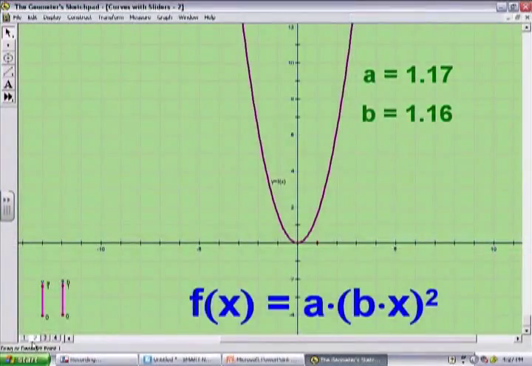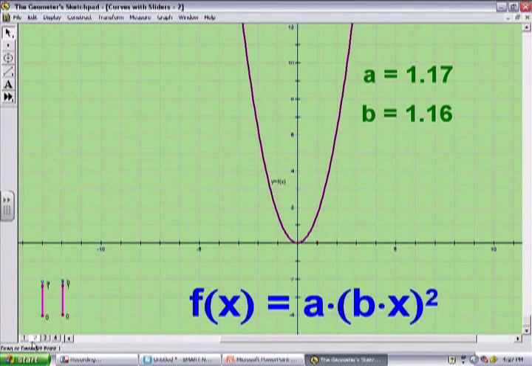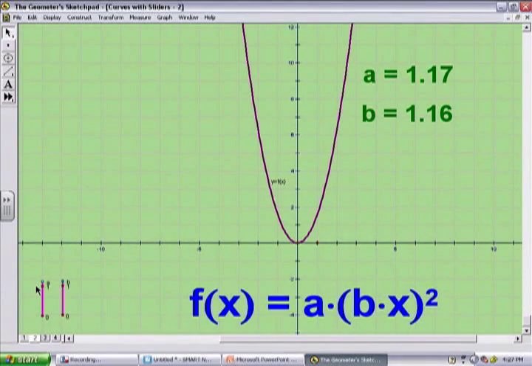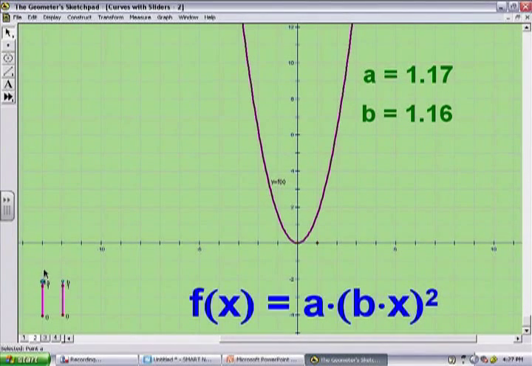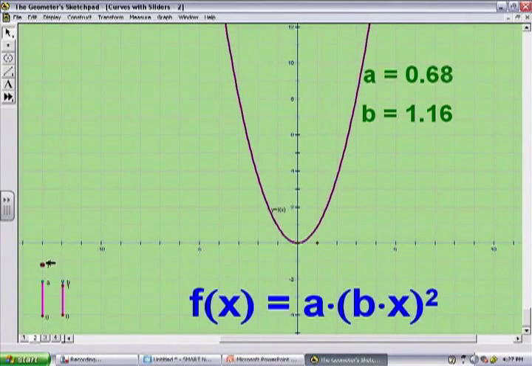We've got our old buddy, the parabola, and you know what a basic parabola looks like, right? Now, we've got an A value right now of 1.17, so essentially it's our basic parabola, and I'm going to see if I can change my A value. And looky there.